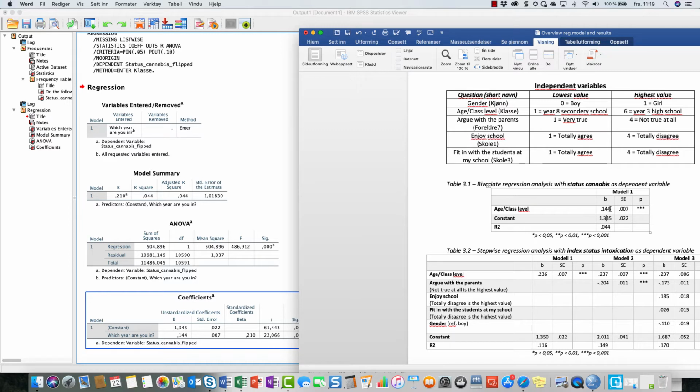But this coefficient, and its standard error coming from putting it in there, I can interpret substantially. The coefficient is 0.144.